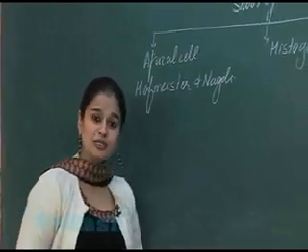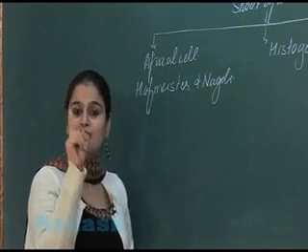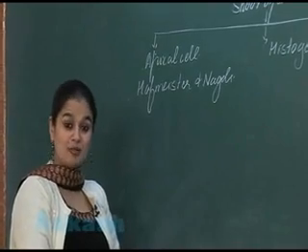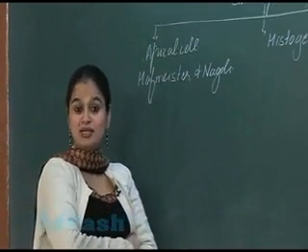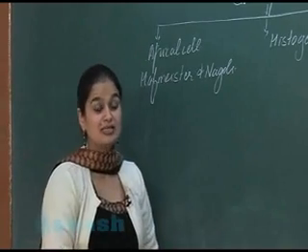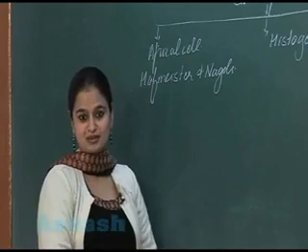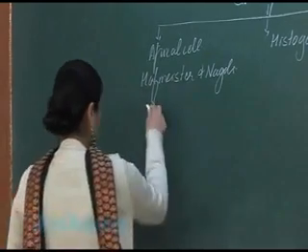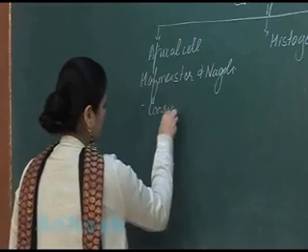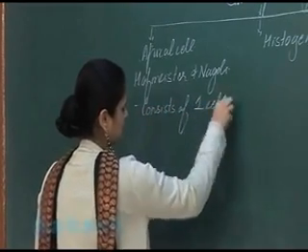Now according to this theory, the shoot apical meristem is made up of only one cell. Yes. The shoot apical meristem is made up of only one cell, and this single cell has the ability to form the complete body of the plant. Yes, so according to this theory, the shoot apical meristem consists of one cell.